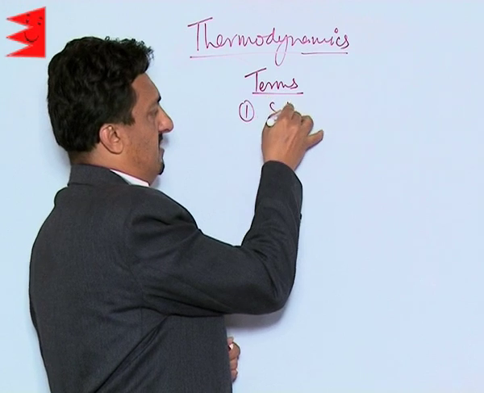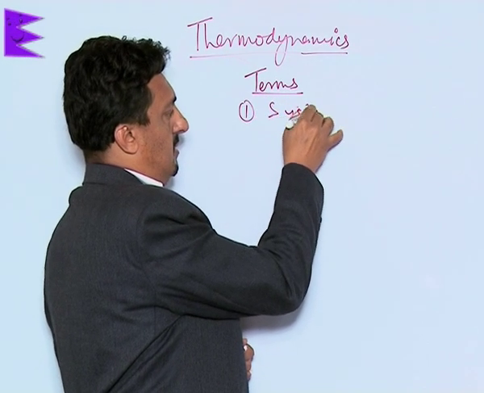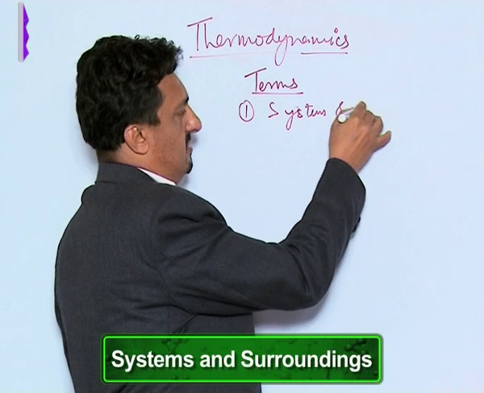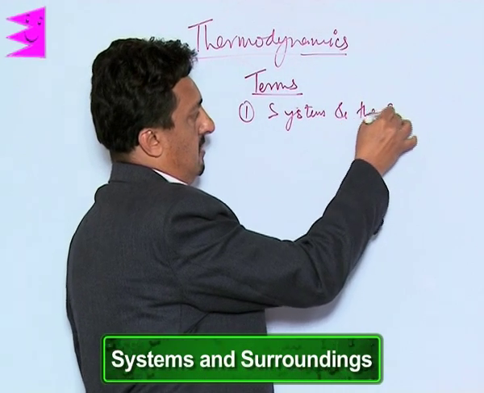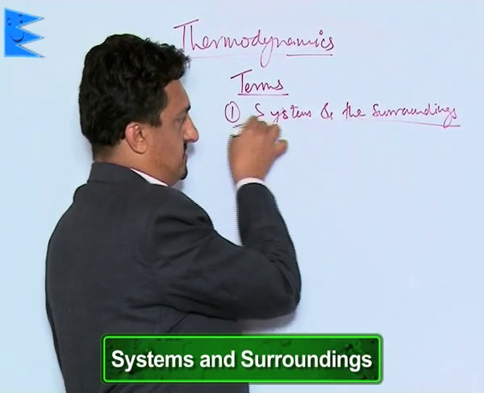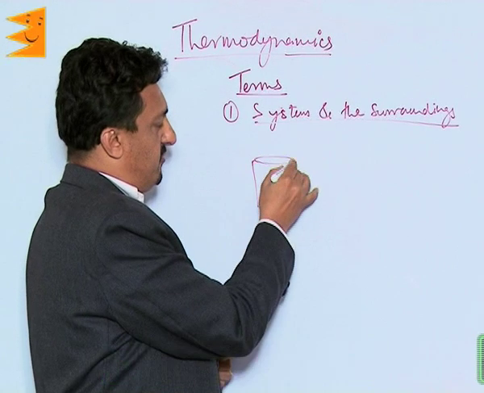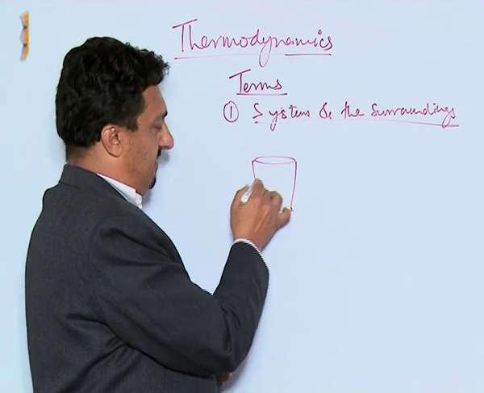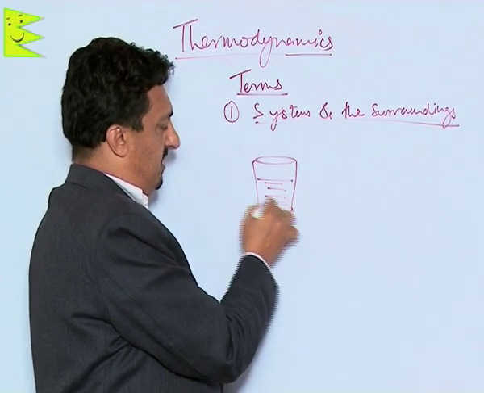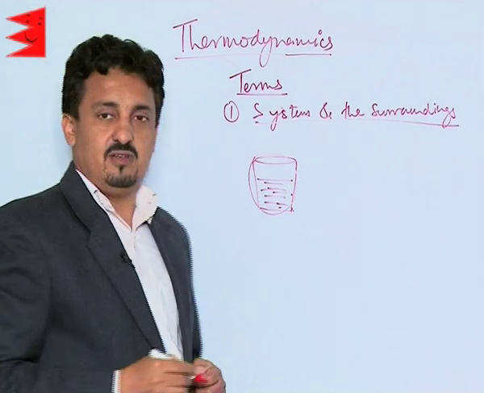The first are the system and the surroundings. See, a part of the universe which is being used for the thermodynamic study, like suppose we have a glass which is half filled with water, this glass half filled with water is called the system.